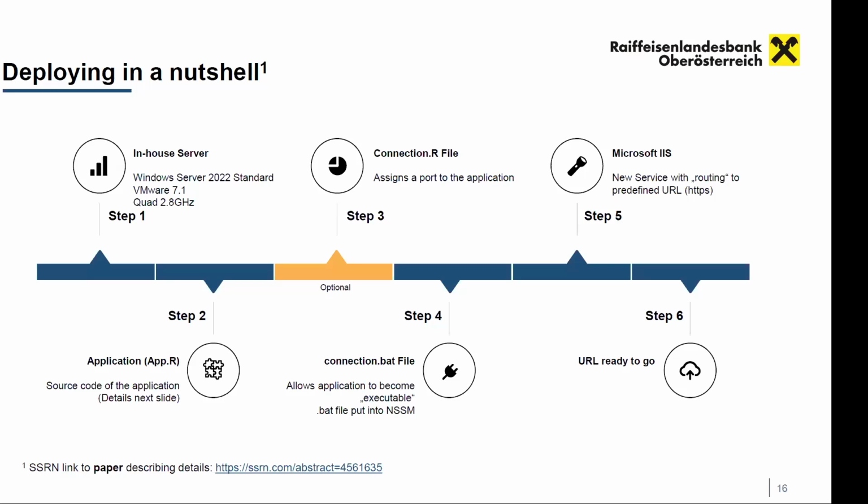So you would take as a first step your application that you have on Git, and you would copy it there. So that's, in addition to buying the server, the second step: you would have the application.R file or application in itself. And in addition to that, you would create a connection file. I will show you in a second.